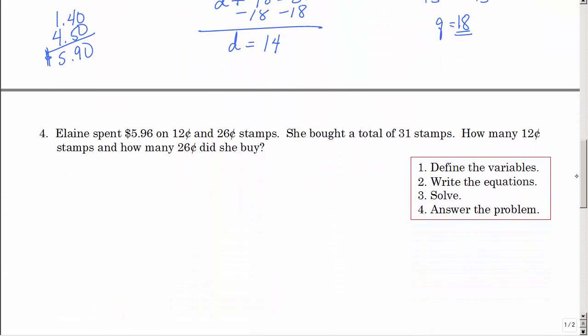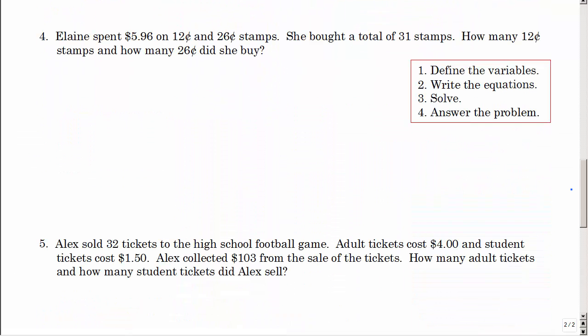Let's do another one. Now we're talking stamps, same thing. So Elaine spent $5.96 on 12-cent stamps and 26-cent stamps. She bought a total of 31 stamps. Very similar to dimes and quarters. So I'm going to let X be my 12-cent stamps and Y be my 26-cent stamps.